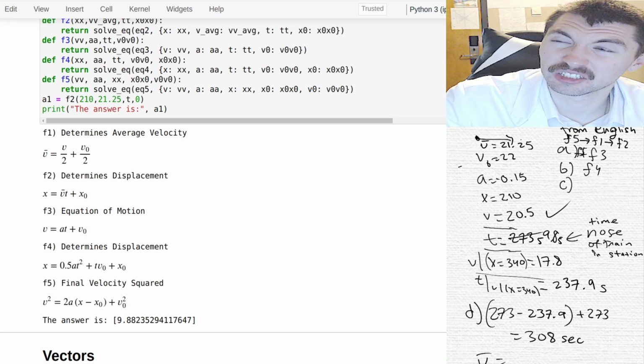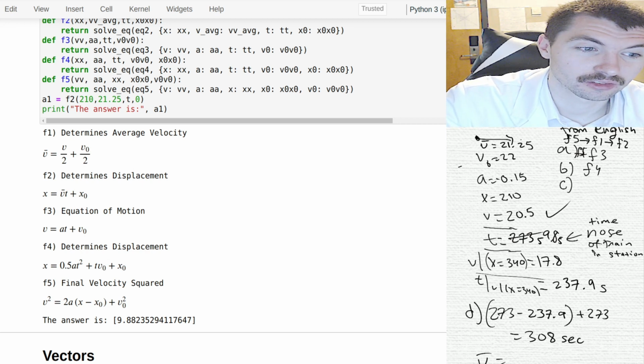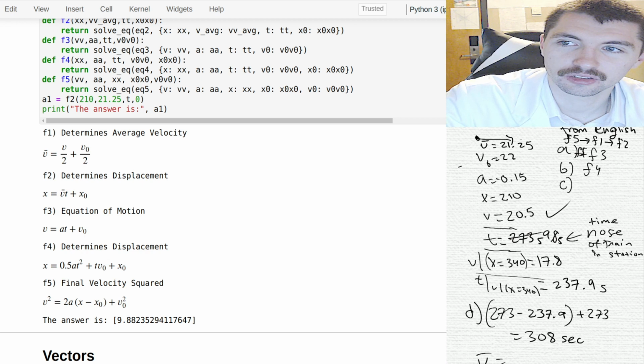Okay, so I think that's what we did. Found V, given 5, plugged V into F1, got average velocity, plugged average velocity into F2, got T, okay.